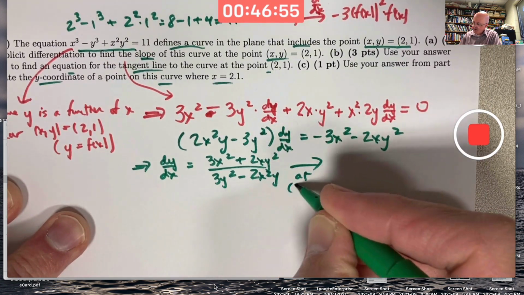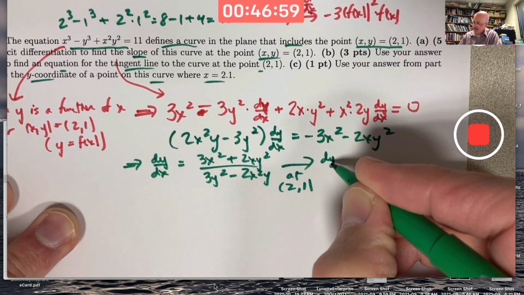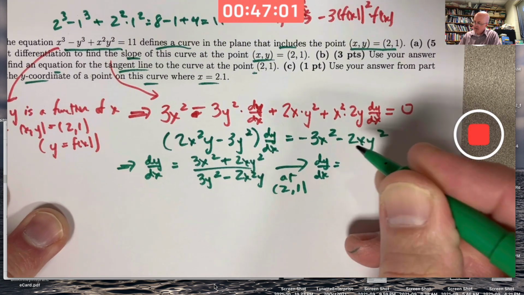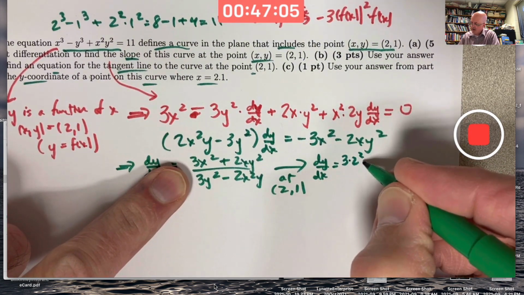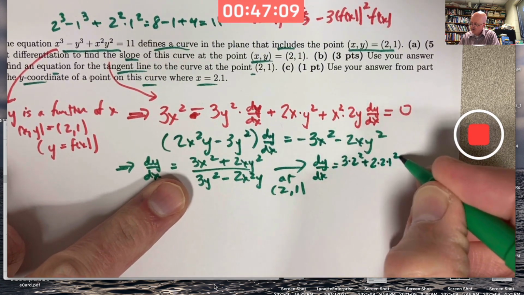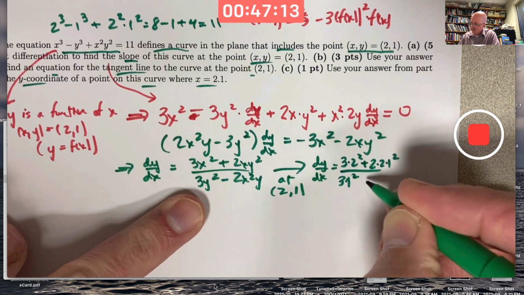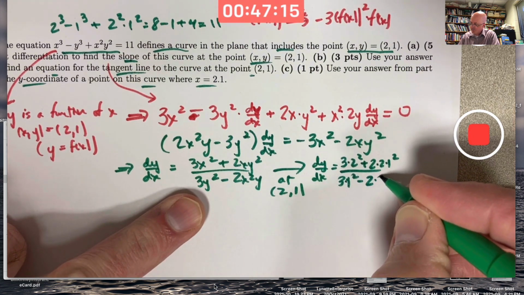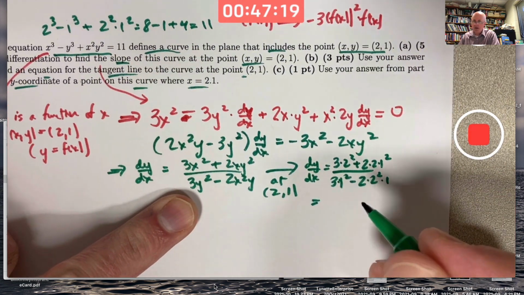At the point in question, x equals 2, y equals 1, dy dx. Plug in x equals 2. 3 times 2 squared, and y equals 1, plus 2 times 1 squared, over 3 times 1 squared minus 2 times 2 squared times 1. Looks like my answer is going to be negative here.